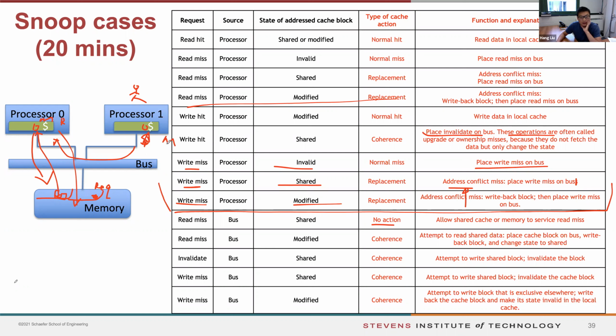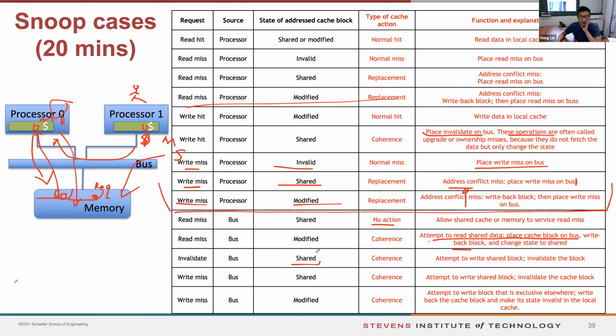Another case is you have modified and you see a read miss on your specific data. It means processor 1 is requesting data that you hold as modified. You have to place the cache block on the bus, write this modified data back to memory, and change the status from modified to shared.